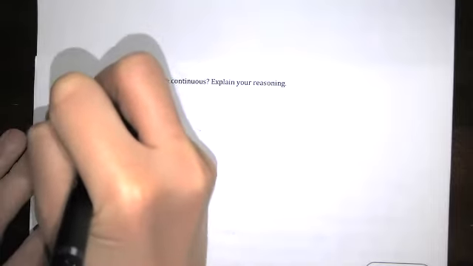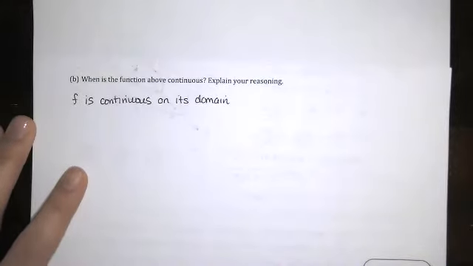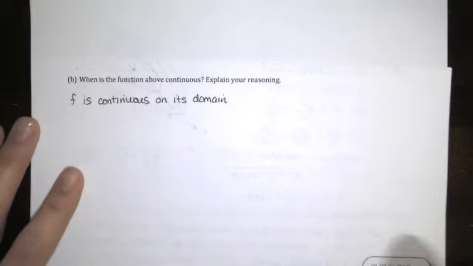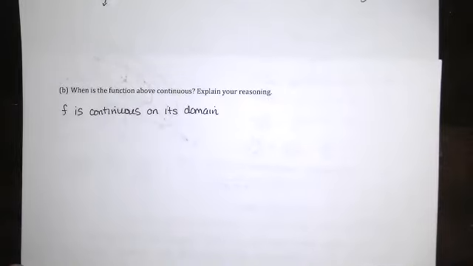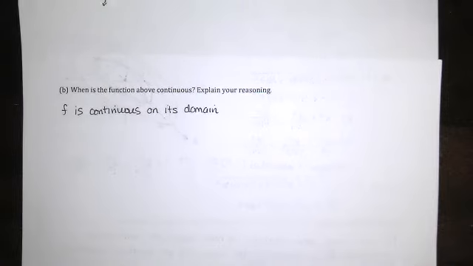Say f is continuous on its domain as it's given by a single equation. There are no complicated functions that have discontinuities in the set of functions that you have studied so far.